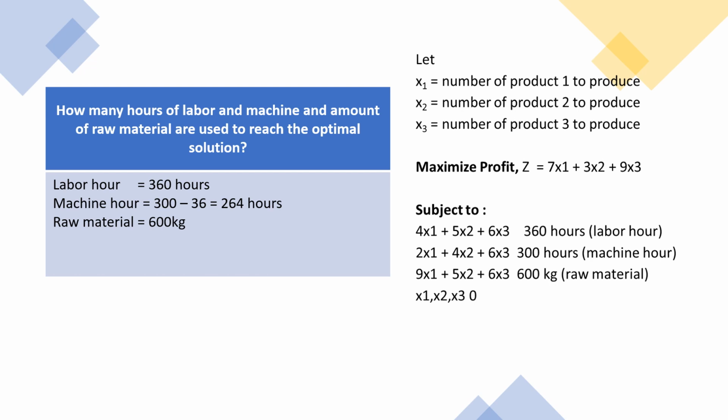Thus, at the optimal level, total usage of labor hour is 360 hours, machine hour is 300 available minus 36 leftover, so equal to 264 hours, and raw material is 600 kg.